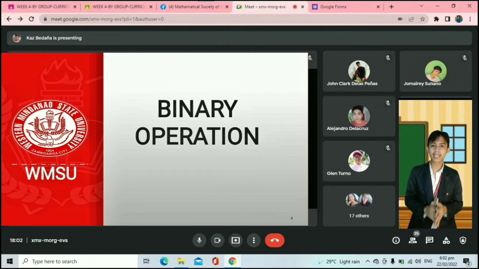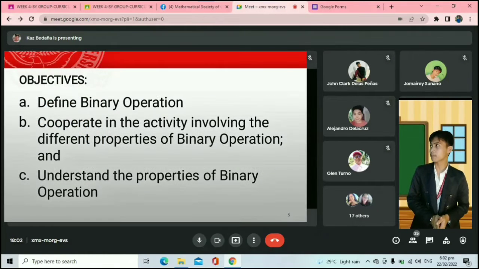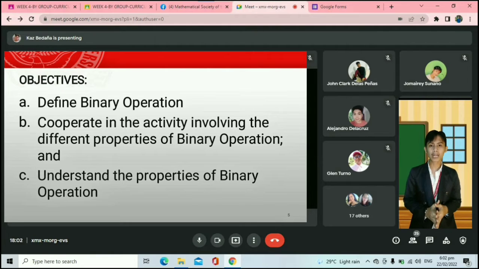But before that, let me first read to you our objectives. Here are our objectives. First, define binary operation. Second, cooperate in the activity involving the different properties of binary operation, and lastly, understand the properties of binary operation.